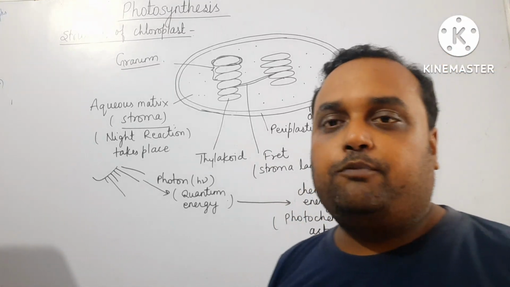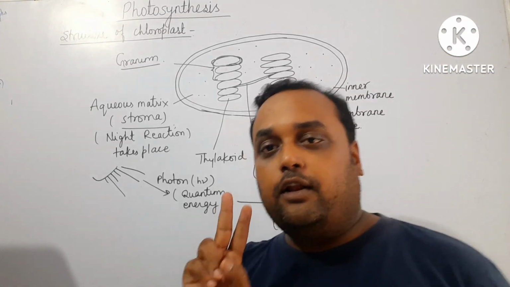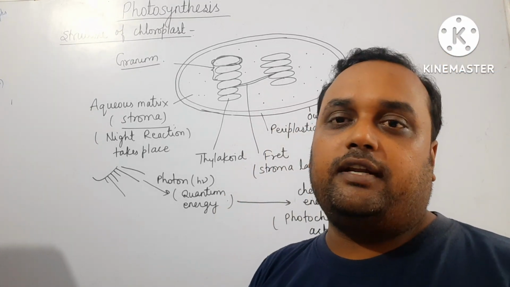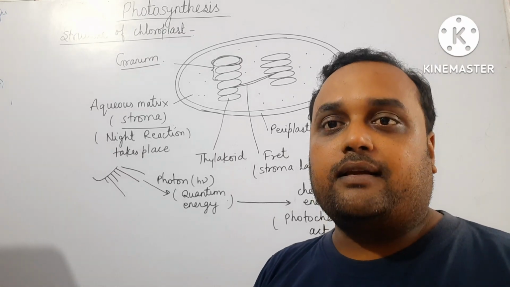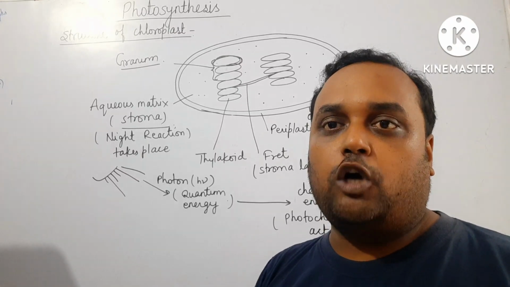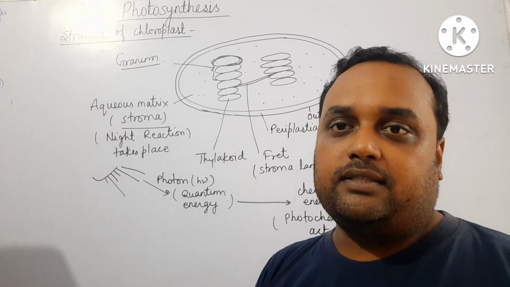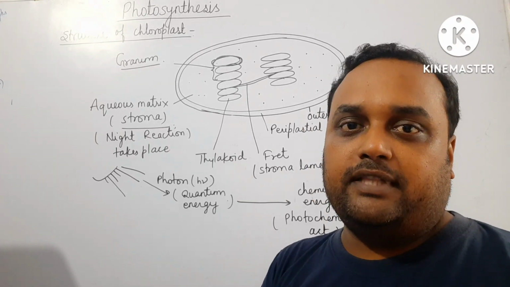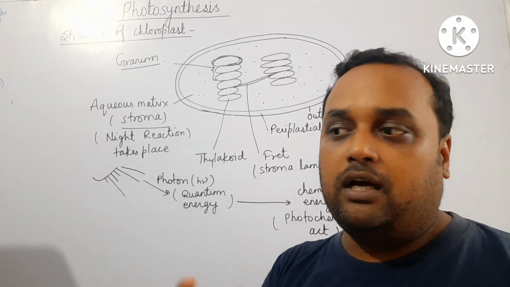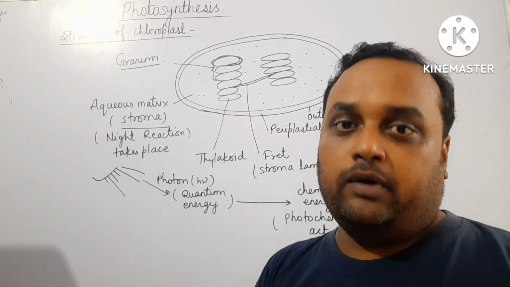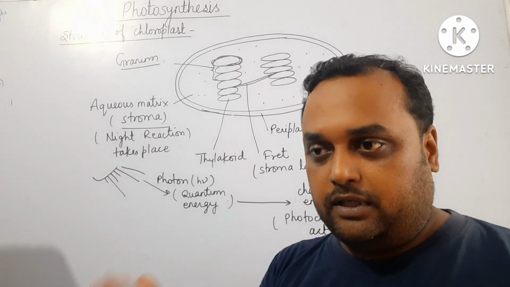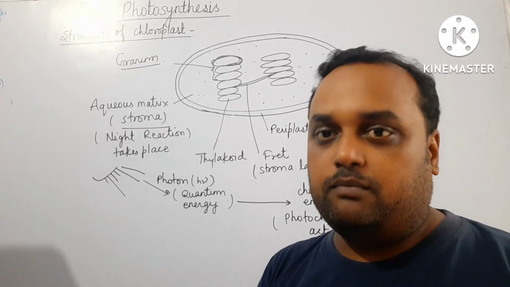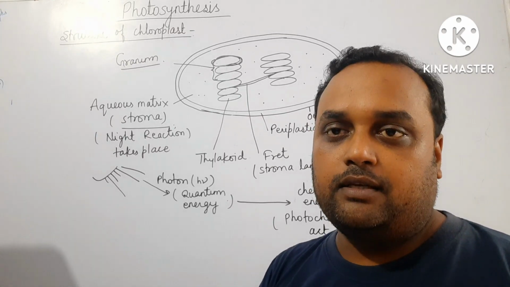And one more important point here: the two cell organelles, the mitochondria and the chloroplast, are considered semi-autonomous cell organelles because they have their own DNA. So they are autonomous, never dependent on the nuclear DNA for transcription and protein synthesis.